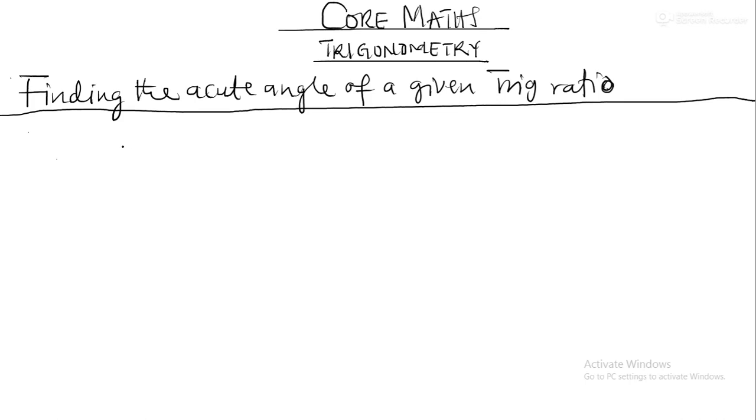In our earlier lessons, you've gotten to know that if you have a right angle triangle where this is theta, the reference angle, let's say this side is root 3, this is 2, and this is 1, then the sine of theta will be equal to the opposite over the hypotenuse. The opposite is root 3, and the hypotenuse is 2.